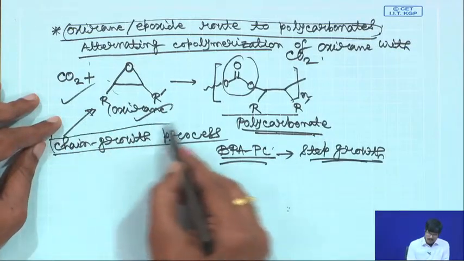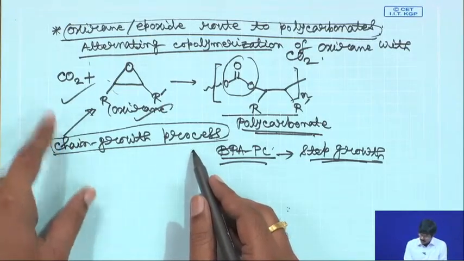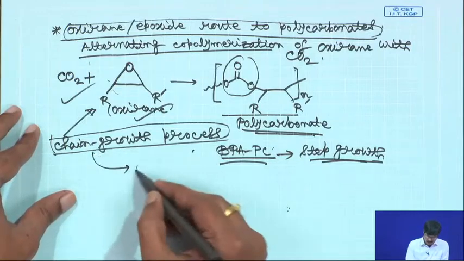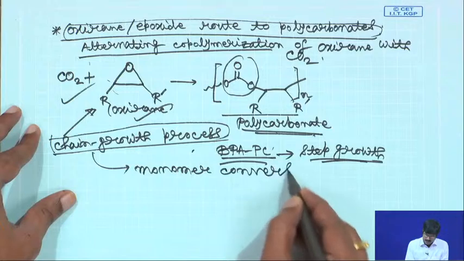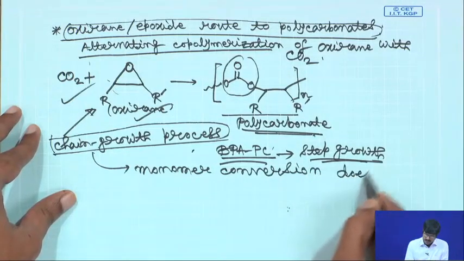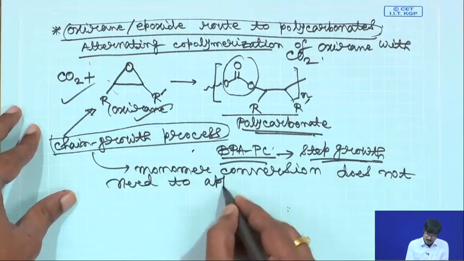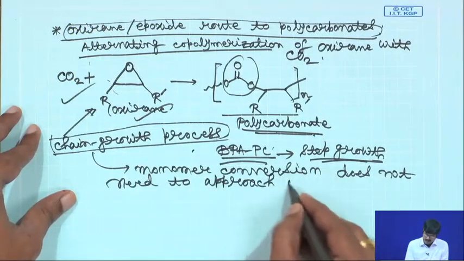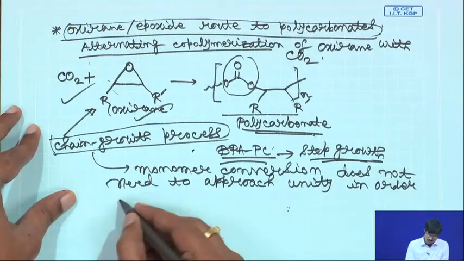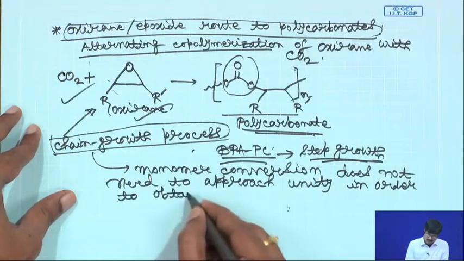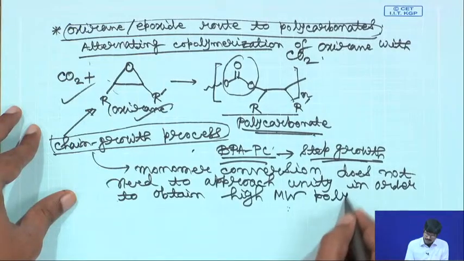So, typically for a chain growth process, as we have discussed before, in theory the monomer conversion does not need to approach unity in order to obtain high molecular weight polymer.